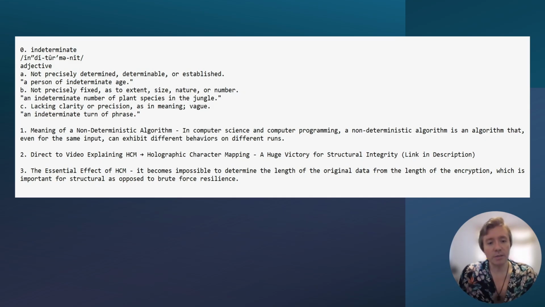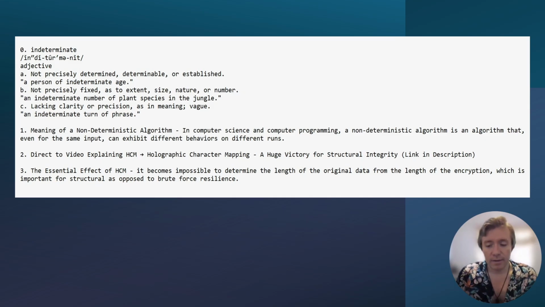And so essentially what HCM is effectively doing is it makes it impossible to determine the length of the original data simply from the length of the encryption, which, as the name of the previously referenced video suggests, is important for the structural integrity of the algorithm rather than the brute force resilience.